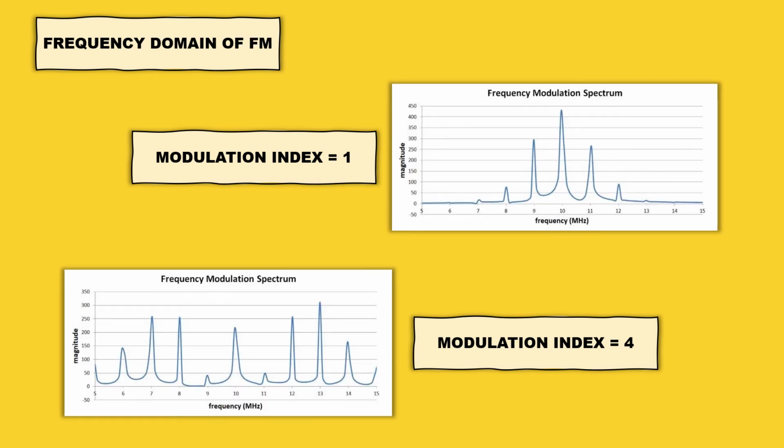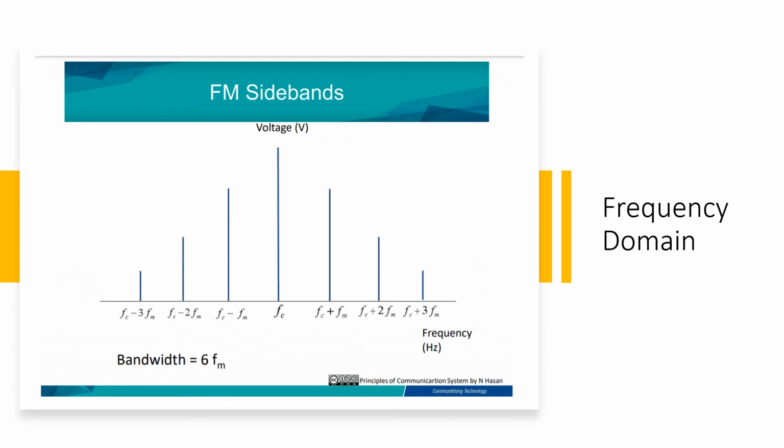So in the frequency domain of a frequency modulated signal, this is how it looks. For a modulation index of 1, and then for a modulation index of 4, the number of significant sidebands increases. So the FM sidebands can also be interpreted like this in the frequency domain, wherein the middle part signifies the carrier frequency.